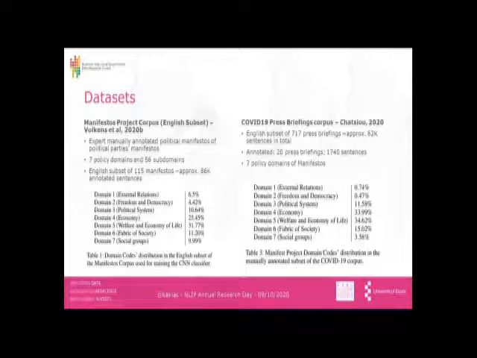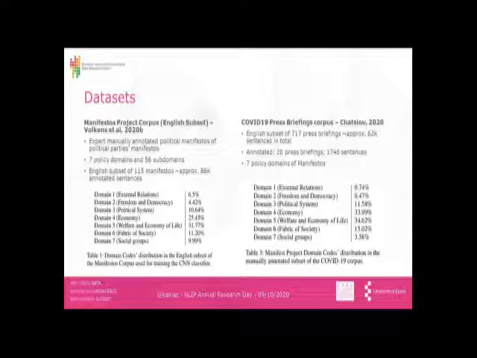So the two data sets I have used: the first was the Manifestos Project Corpus. For those of you that might know anything about political science, this is a very famous one where expert political scientists have manually annotated political manifestos of political parties. They use seven larger classes and 56 smaller ones.